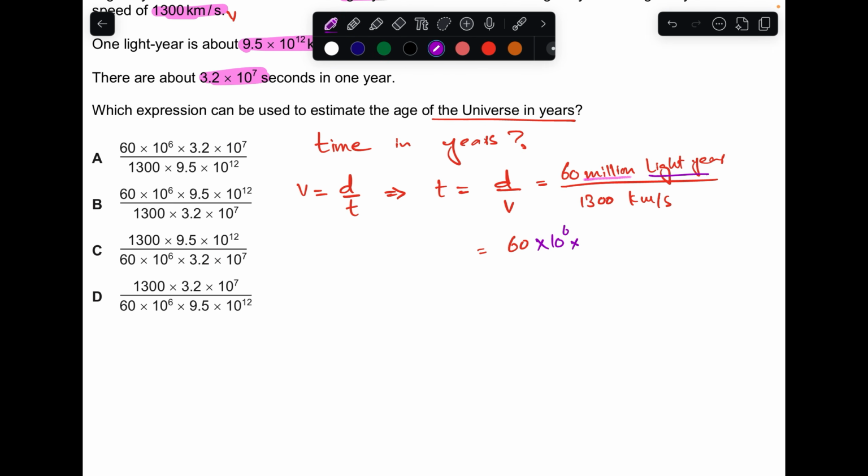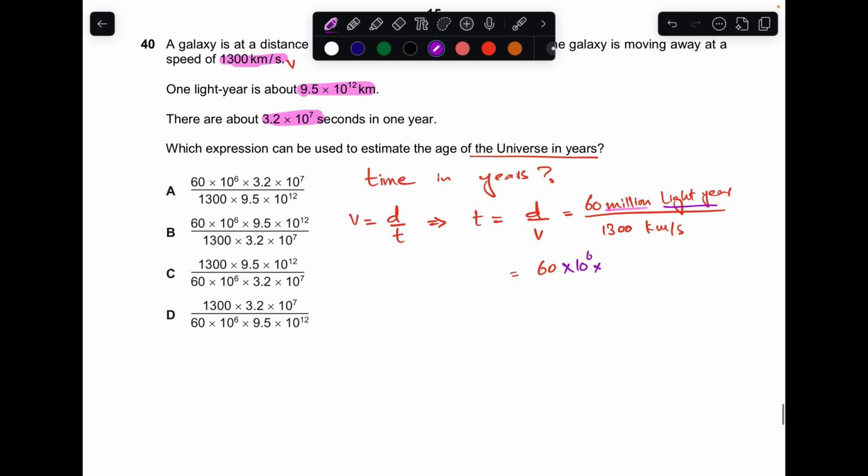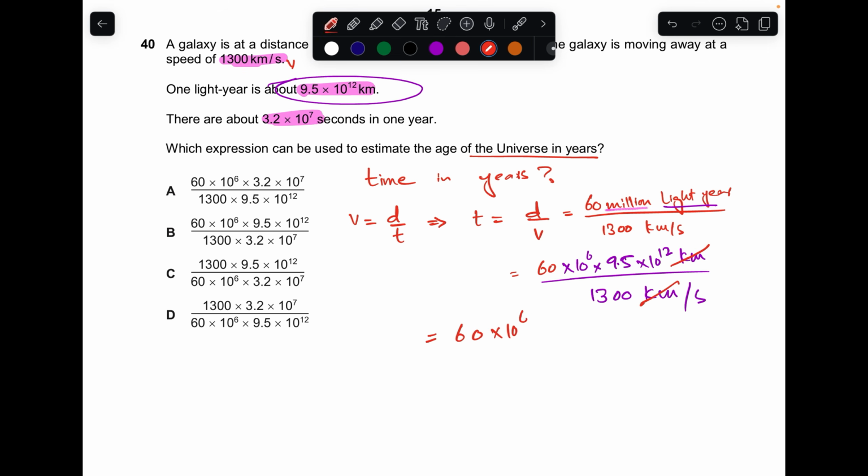And for light year, we know 1 light year, it's given here, is equal to 9.5 times 10 to the power 12 kilometers, and there is 1300 kilometers per second. So the kilometers cancel. I'm not going to solve this because we have to choose the option. We're just trying to make the given form. This is in seconds. Okay, we have to find it in years.